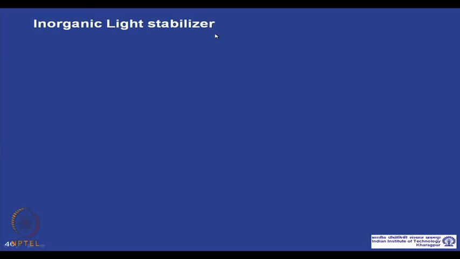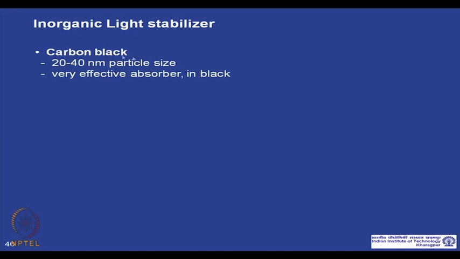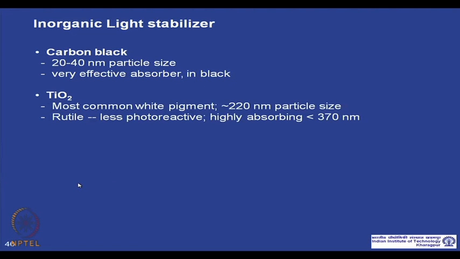There could be inorganic light stabilizers or photostabilizers as well. For example, carbon blacks, which have particle sizes from 20 to 40 nanometers and are very effective absorbers, but obviously they can only be used in samples which are meant to be black.